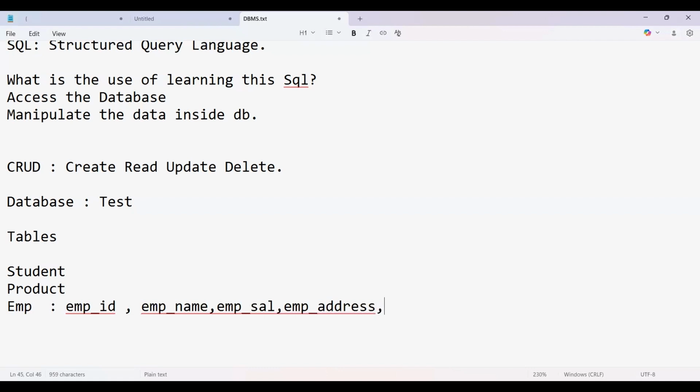All these are different forms of the data that we collected, and that data is stored inside the employee table, which is within the database test.